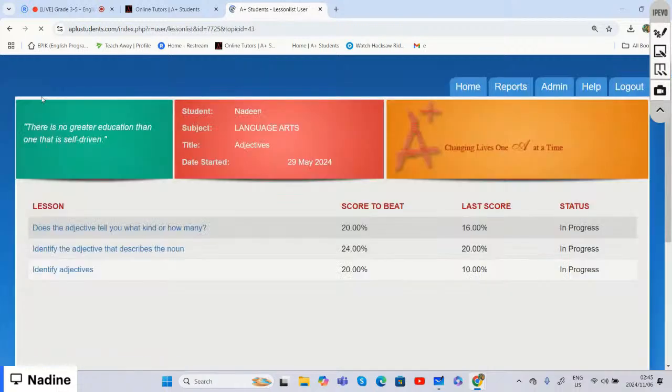So this is now the end of our lesson on adjectives. We said adjectives are words that describe the noun, or adjectives are words that basically modify the noun. Or we can just say that an adjective is a describing word. It tells us about the noun, right? That is an adjective.